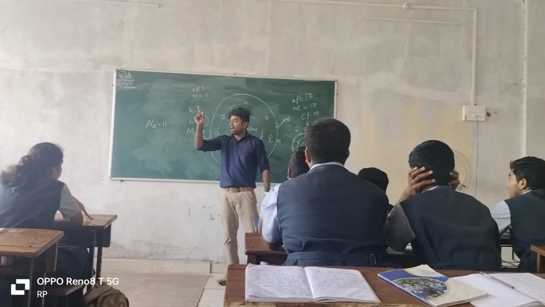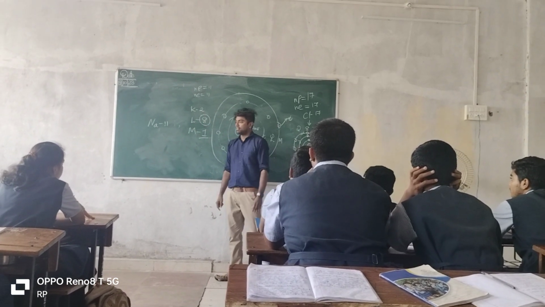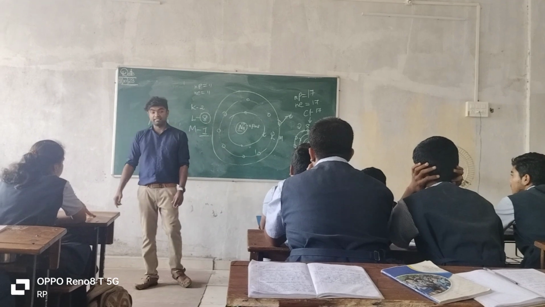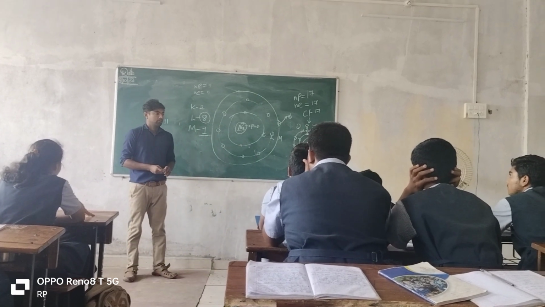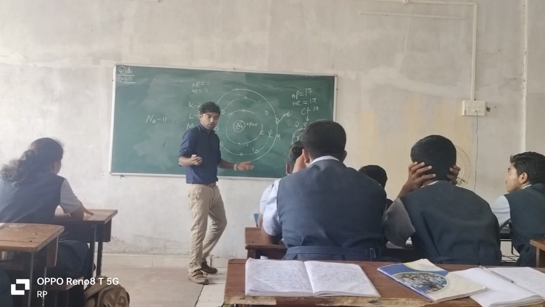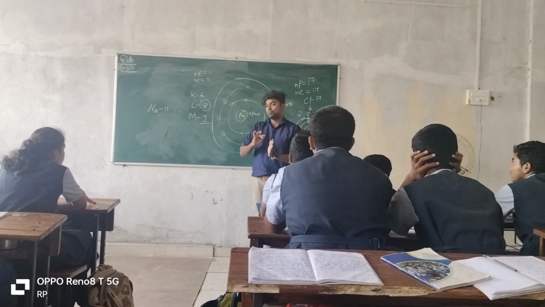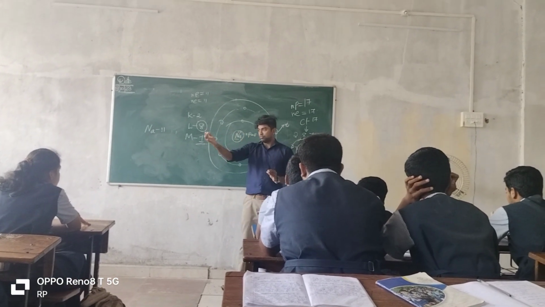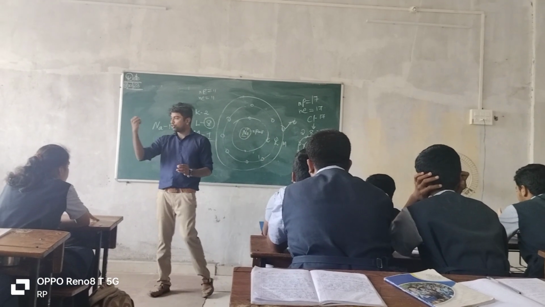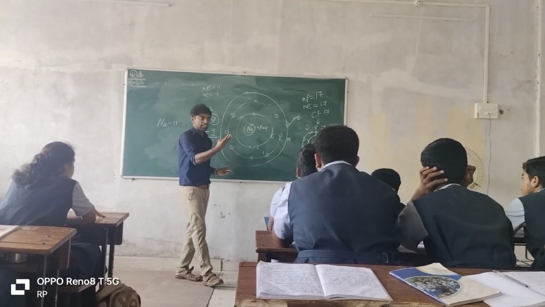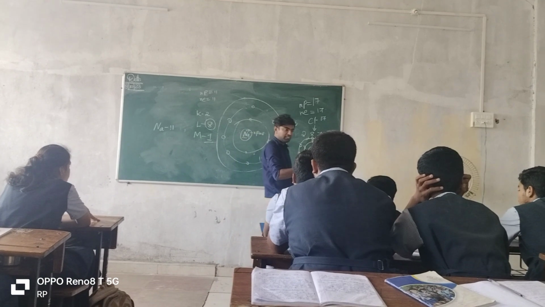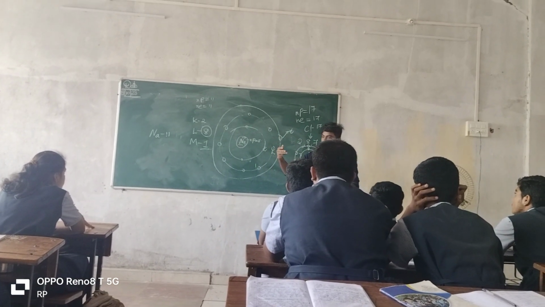That is why however many protons are there, that many electrons should be there in an atom. So the total number of protons and electrons are equal, then the total charge will be 0. We can consider the case of magnesium. 12 protons are there, 12 electrons are there. 12 protons plus 12 electrons is equal to 0.